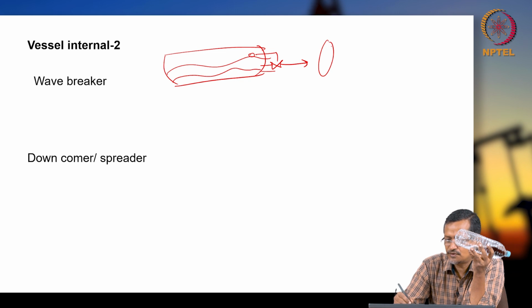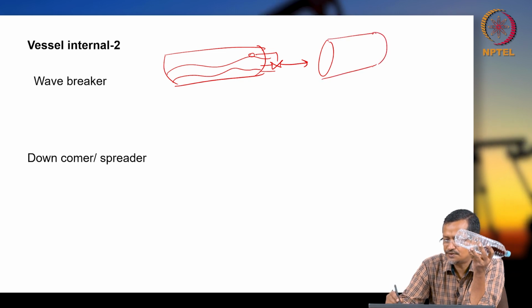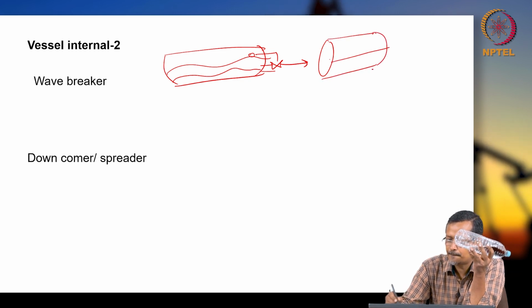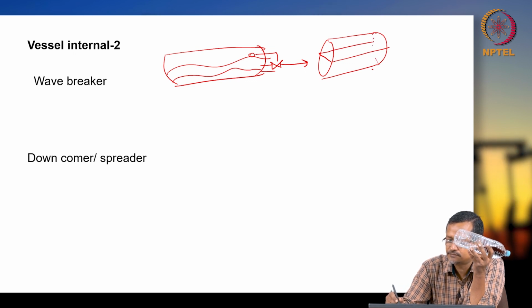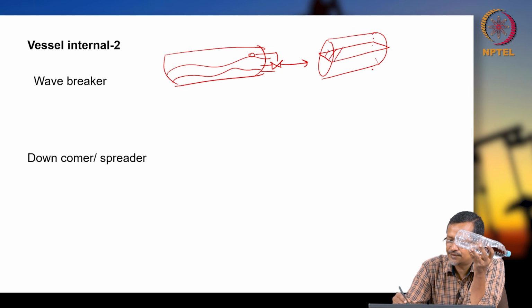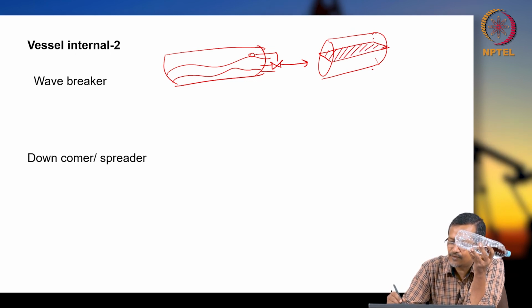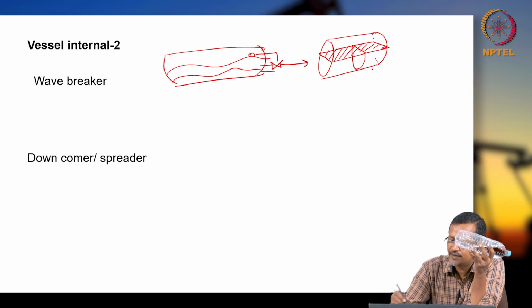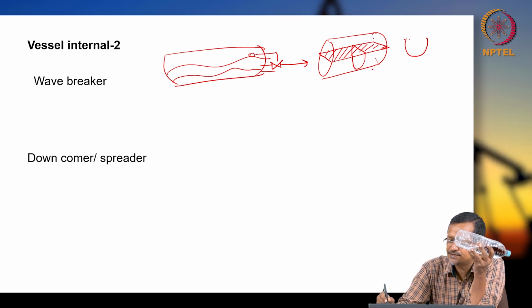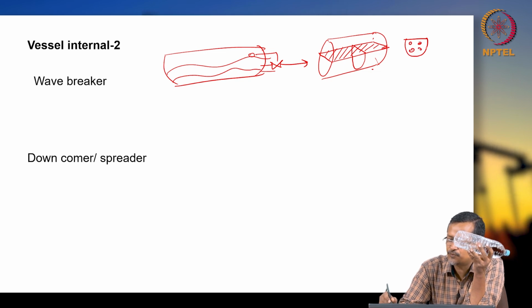So if I draw one 3D picture like this, this is your liquid level, and I'll put the level controller like this. And from the side, if I see, it will be like this, and you put lots of pores.